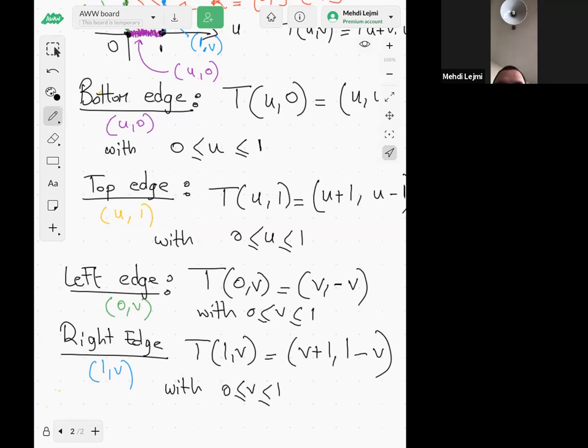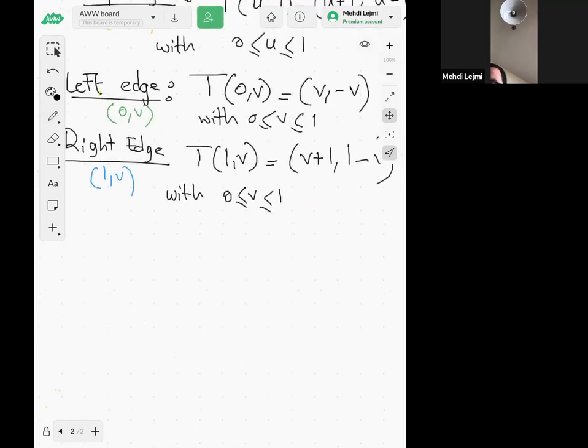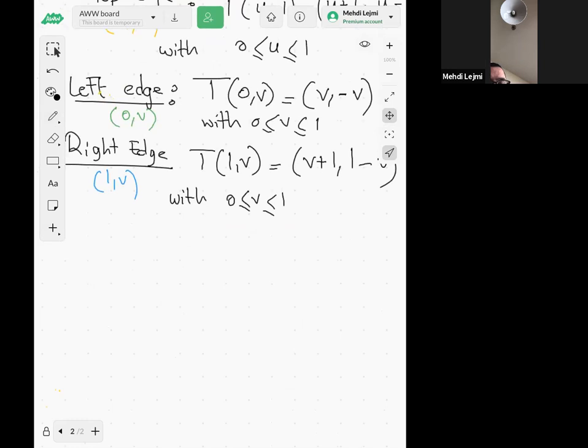Okay, now we can try to graph the image of these edges. So here's again my U and V axes, with 0 and 1 marked on each.